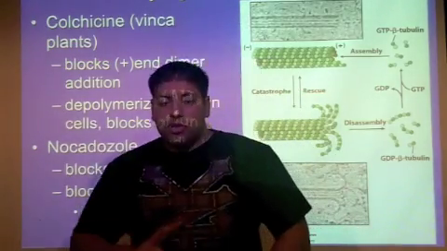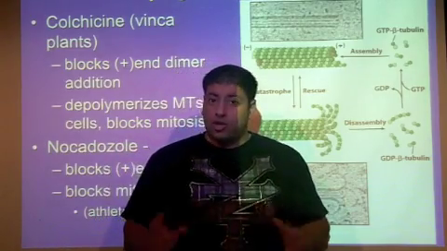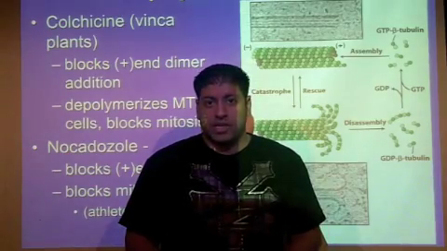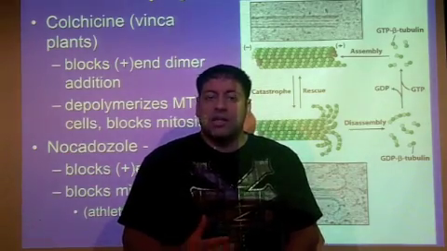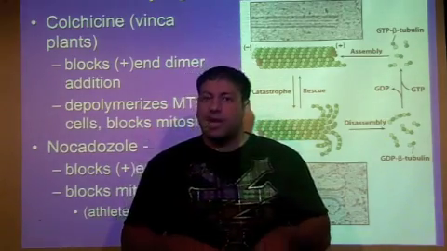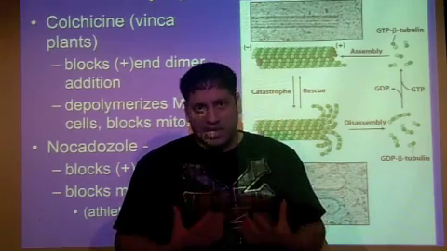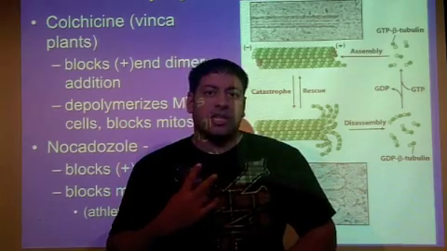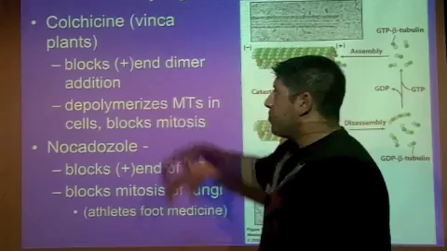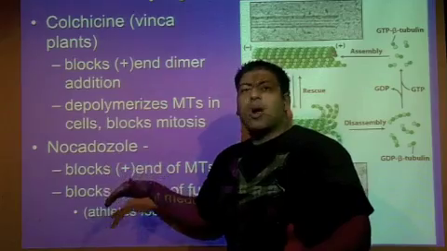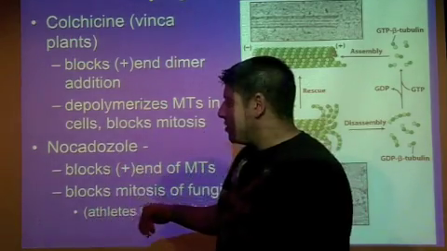So, two of these drugs that we're going to be looking at contribute to the depolymerization or breakdown of microtubules within the cell. Ultimately, these drugs are targeting the mitosis part, because if the cell cannot go through mitosis, then the cell will die. Two of them that we're going to look at just now are colchicine and nocadozole, which I think is the proper pronunciation.